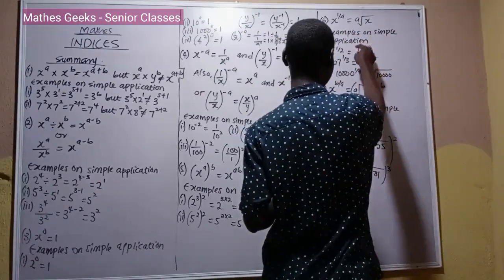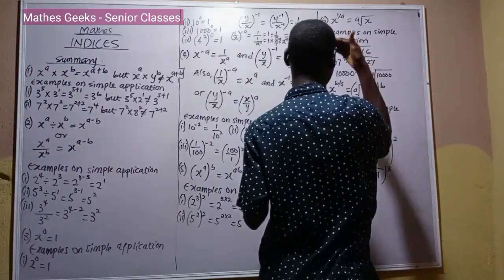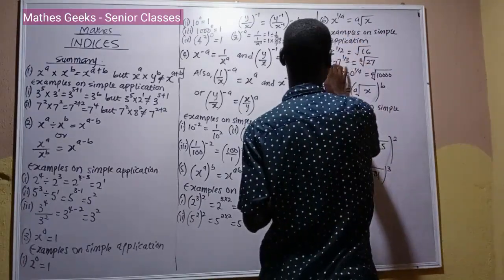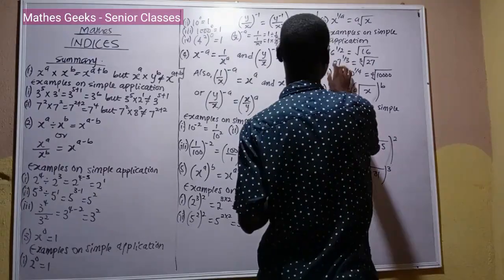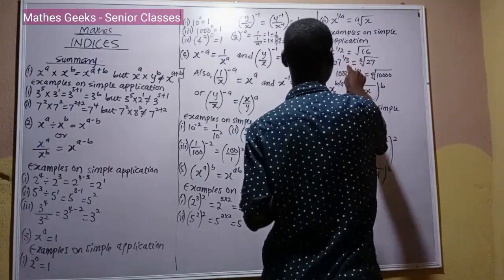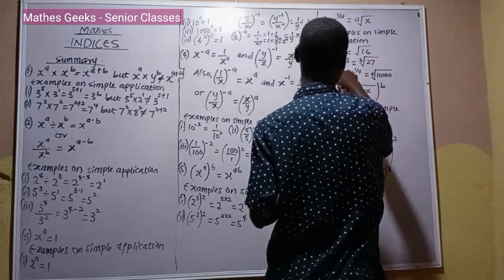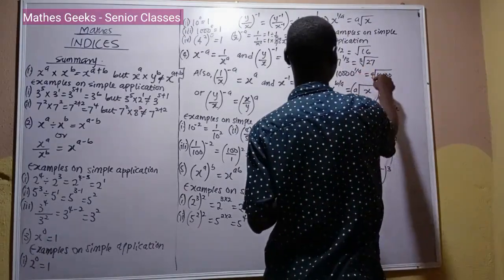But like I said, if it is 2, you don't write it. It's from 3 and above that you write the figure here. So 27 raised to 1 over 3: the denominator is 3, so it's going to be the third root of 27, which is the base. And 10,000 raised to 1 over 4 is the fourth root of 10,000.